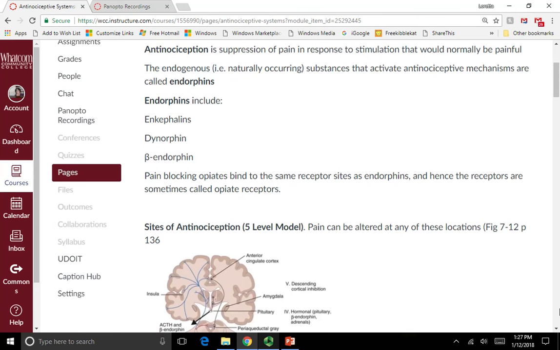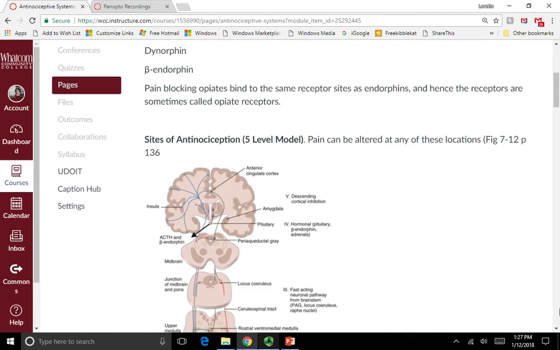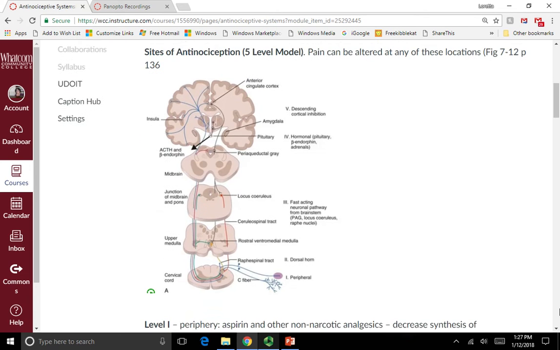So this is our 5-level model, and this is in Chapter 7 on page 136. Pain can be altered at any of these locations. Level 1 is in the periphery. You can alter pain in the periphery, and we're going to talk about how you do it in each level.